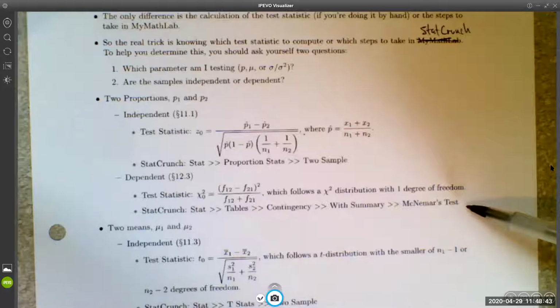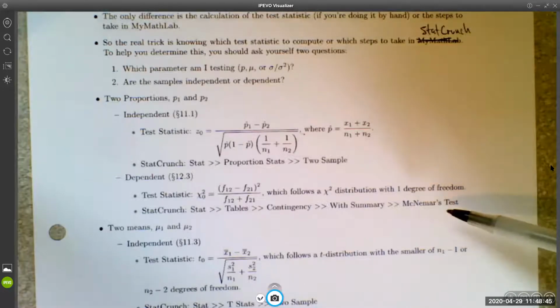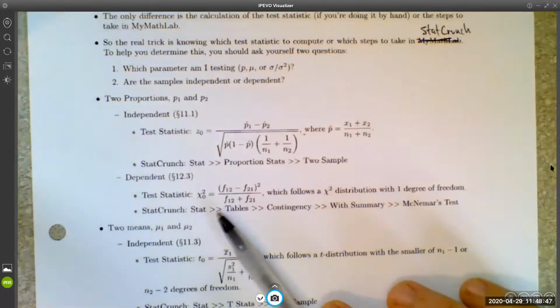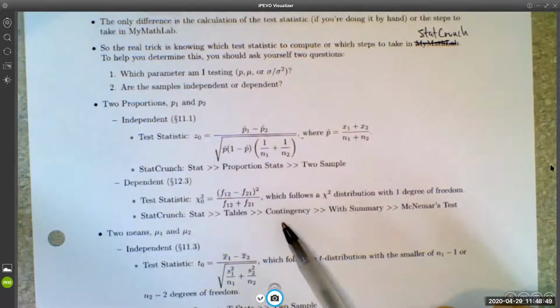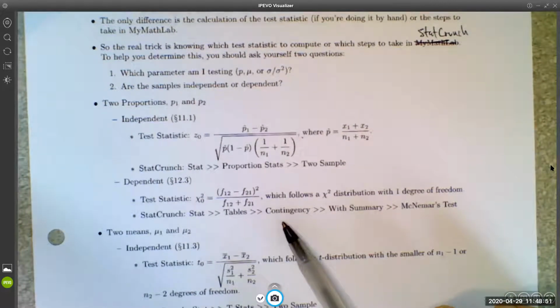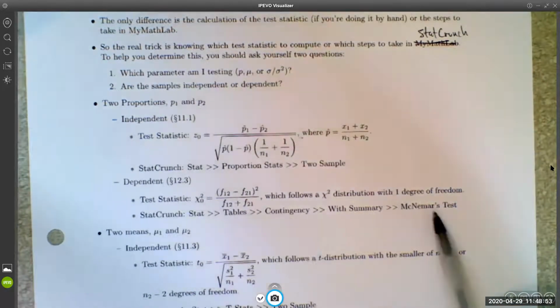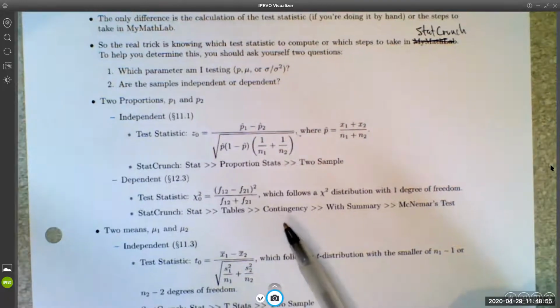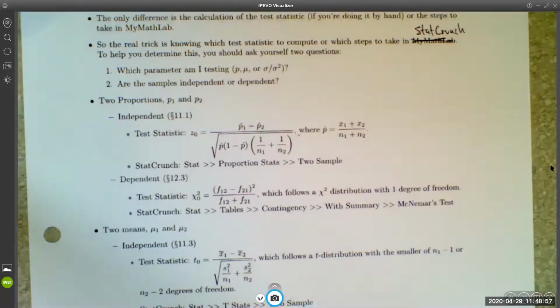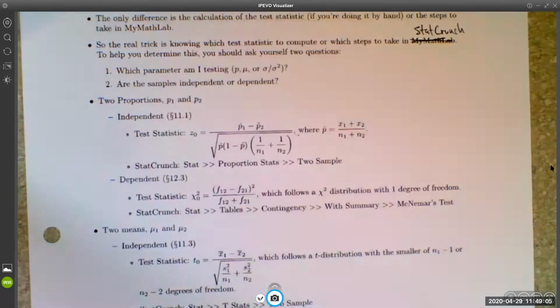The reason that you go to Stat, Tables, Contingency is that, in order to run McNemar's test, the information has to be arranged into a contingency table. But anyway, that's if you're testing 2 proportions and the samples are dependent.